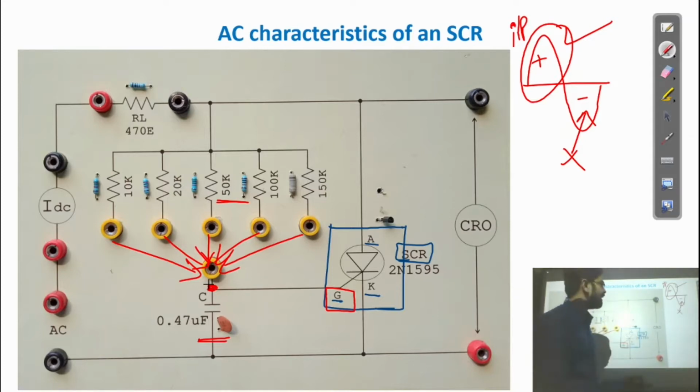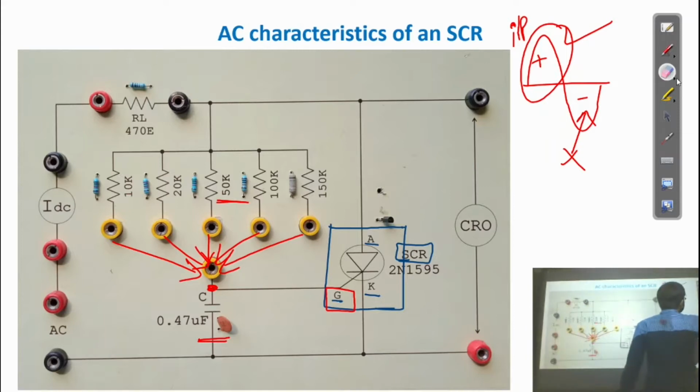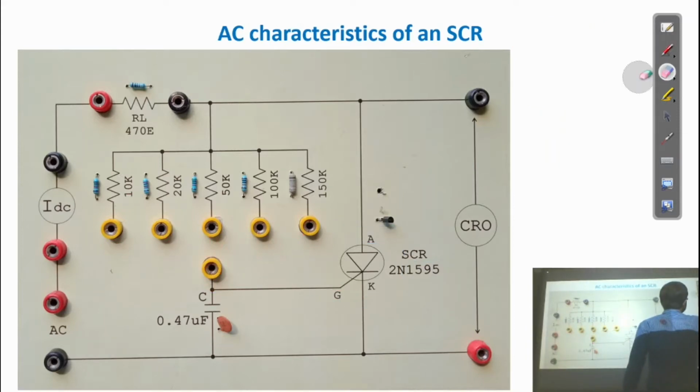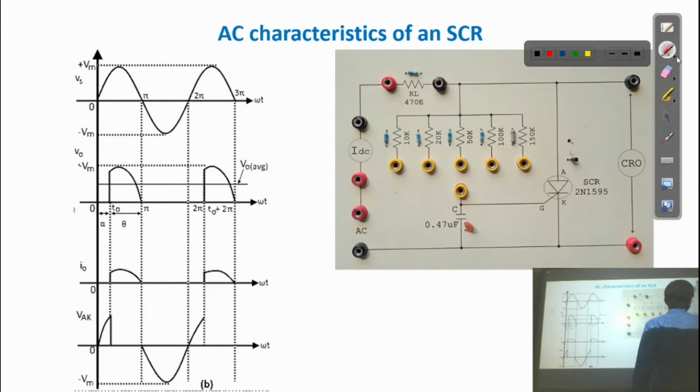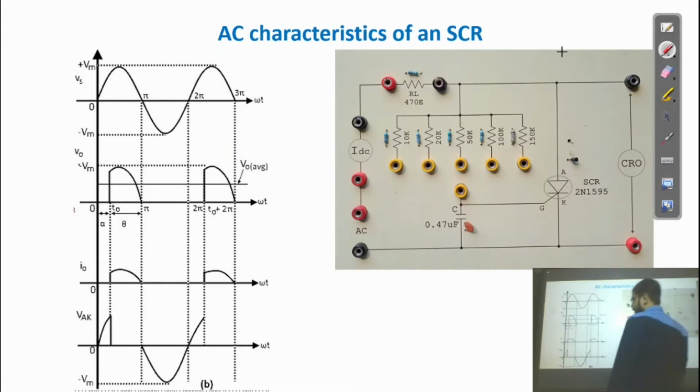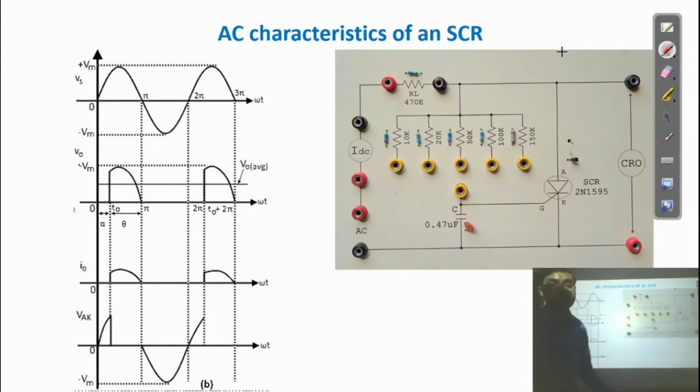We will see it in the next slide. Right? So that is what I am explaining about the working of an SCR. Let us see how it is working.